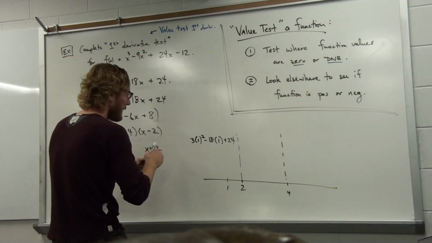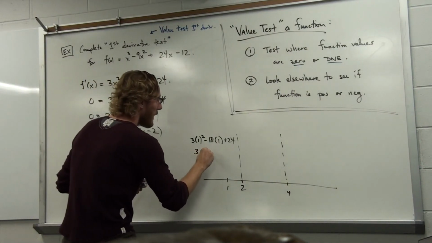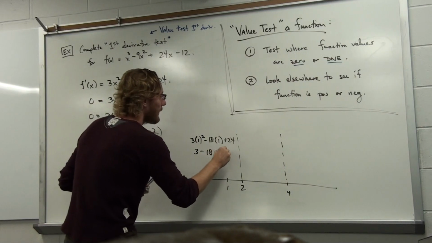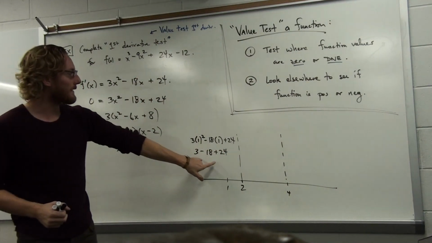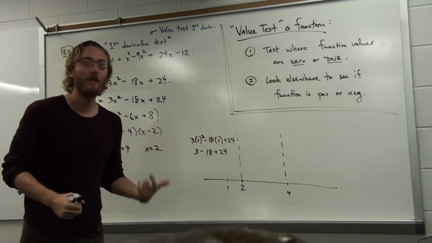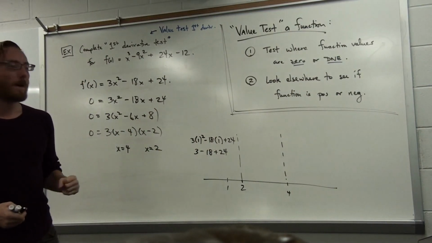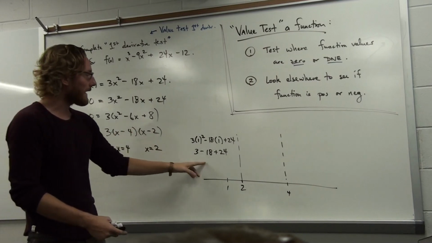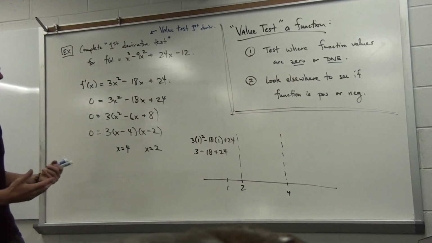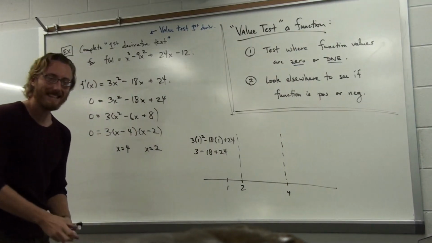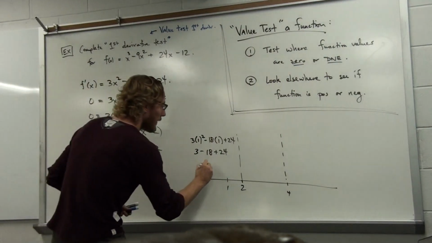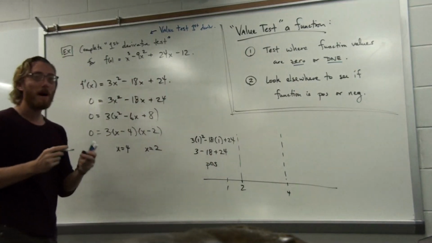This is going to be 3 minus 18 plus 24. And now, we don't need to know specifically what this value is. We just need to know whether it's positive or negative. And when you look at that, 3 minus 18 plus 24, you can see that that is definitely positive because you're 27 into the positives, 18 into the negatives. You know here that your first derivative is positive.